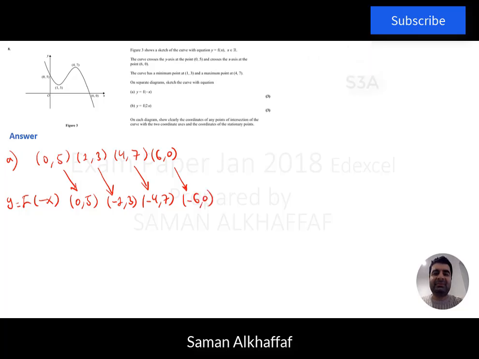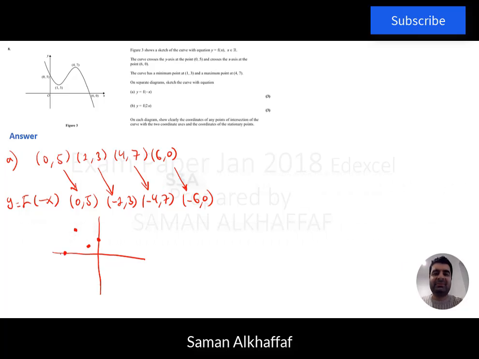Now for us to sketch this graph and see how it would look for the expression. The (0, 5) will remain here, and the (minus 1, 3) will be somewhere here. We have (minus 4, 7) somewhere here, and also (minus 6, 0).